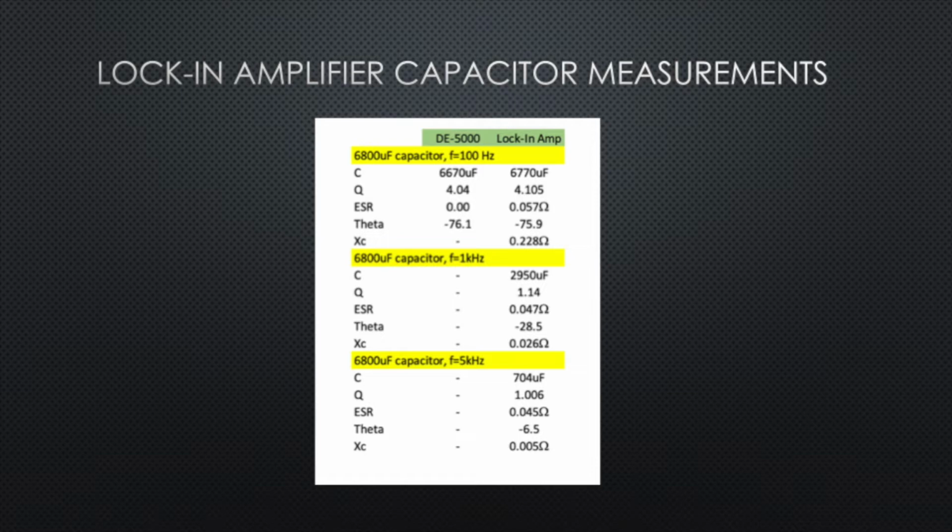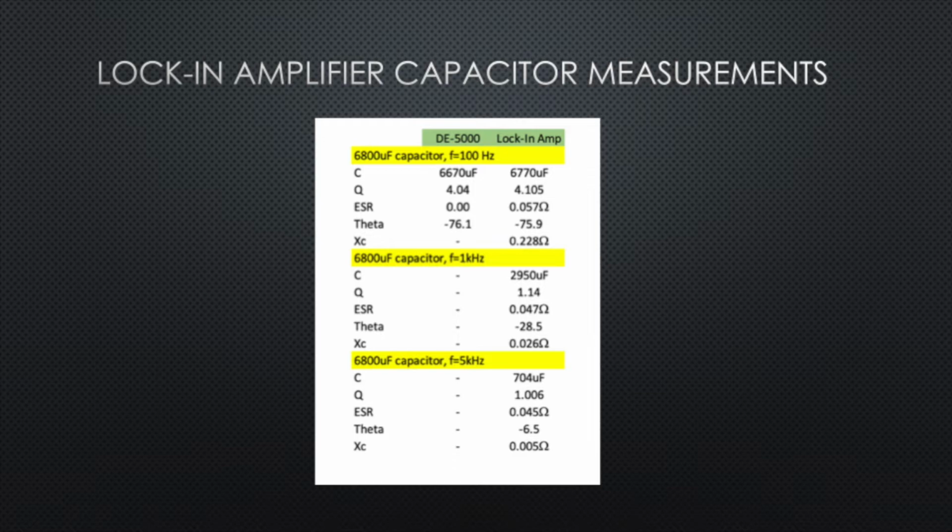ESR on the DE5000 was reported as 0. It probably didn't have the resolution to display it, whereas with the lock-in, I could calculate that to be 0.057 ohms. Theta was very close, so it agrees very well with the DE5000 as well.